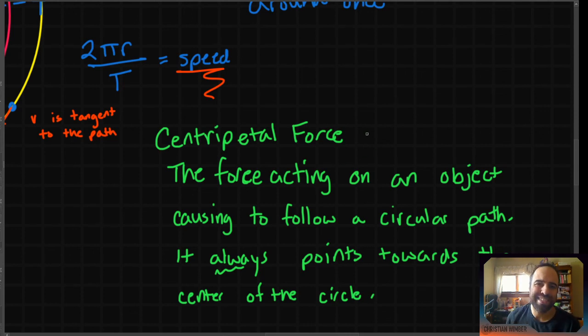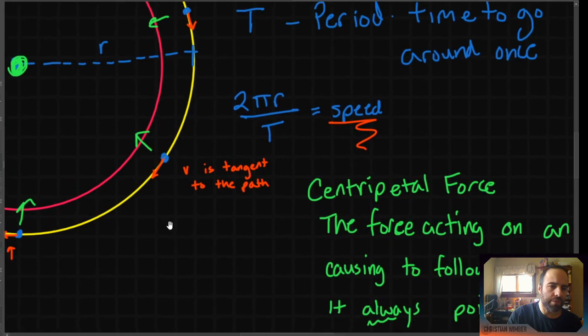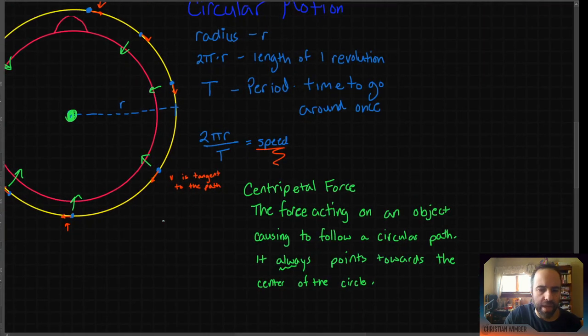Centripetal force is not a type of force. It's like net force, right? It's just a way of describing force that tells us about the direction. So for example, in this case, our centripetal force here is gravity. But later in the lab, the centripetal force will be tension, but you can also have centripetal forces that are normal forces or magnetic forces or whatever.